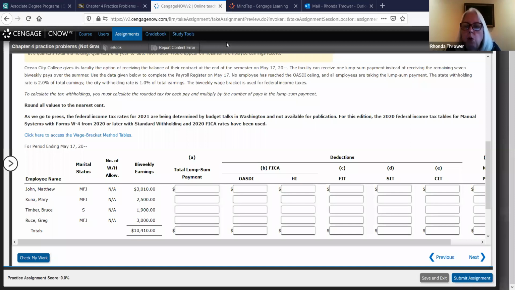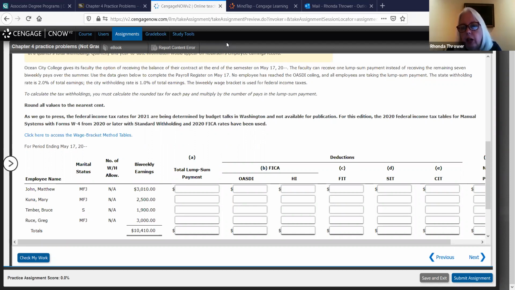First, I calculated the tax on one pay period. To do that, we take the biweekly earnings, which came from cell address D10, and multiply that by 6.2%.